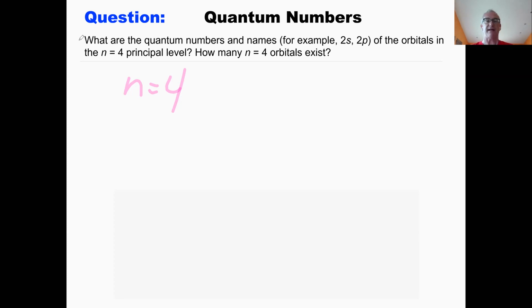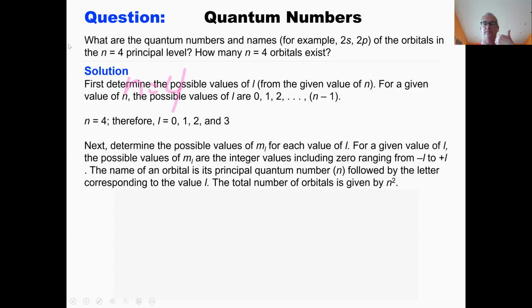And I'll check the chat to see how you do. So think, what are the possible values? If n is equal to 4, the principal quantum number is the same as the shell.